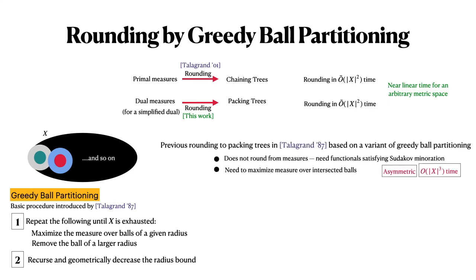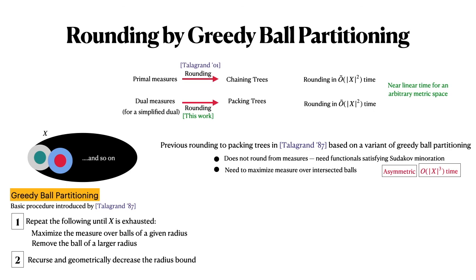And the previous rounding to packing trees was based on a variant of this greedy ball partitioning. So in particular, there one does not round from measures, one needs some functionals that satisfy certain properties. And instead of maximizing measures or the value of the function over balls, you look at intersected balls.